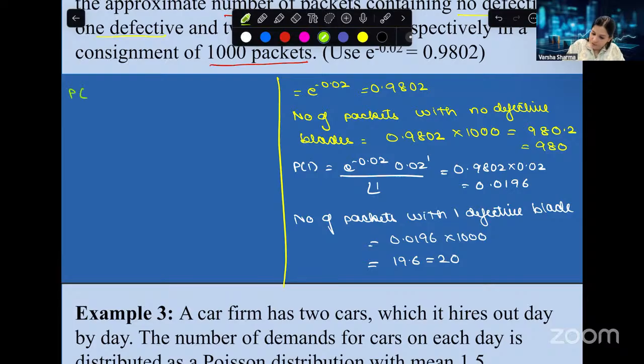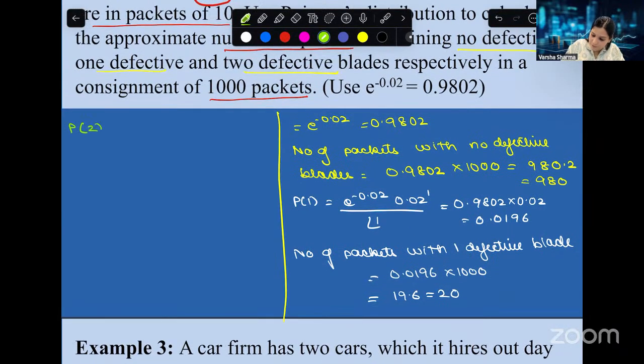Now, P of 2 also we want. E power minus lambda, lambda power 2 by factorial 2: 0.9802 into 0.0002.